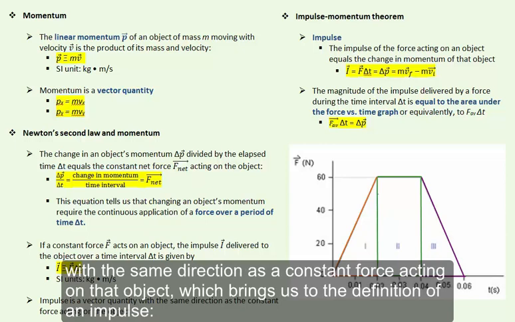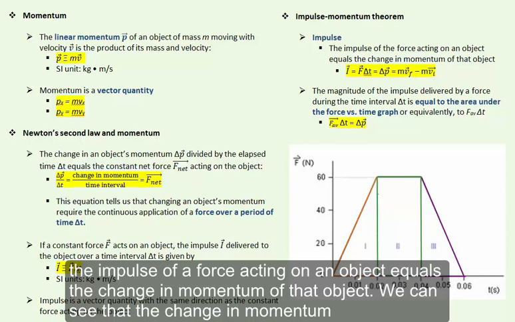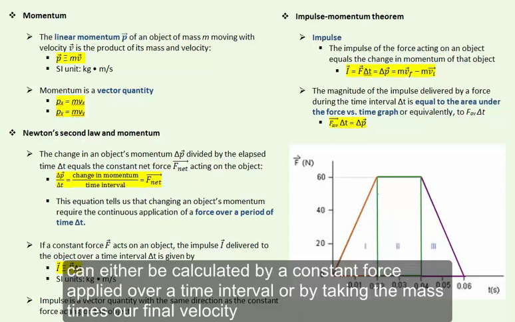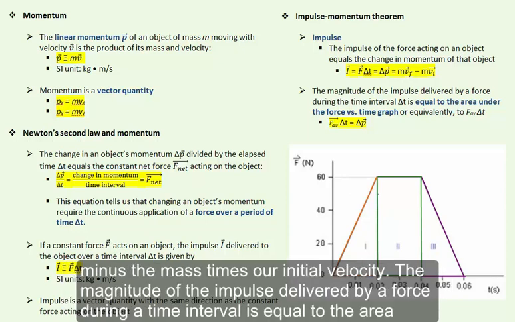This brings us to the definition of an impulse. The impulse of the force acting on an object equals the change in momentum of that object. We can see that the change in momentum can either be calculated by a constant force applied over a time interval, or by taking the mass times our final velocity minus the mass times our initial velocity.